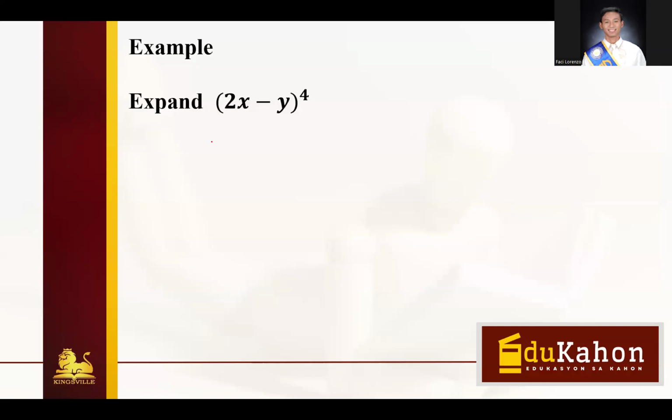So we know that this is in the form of the quantity of x plus y raised to n, and this is equal to the summation of n taken k times x raised to n minus k, y raised to k, where k is equal to 0 and your upper bound is n. Okay, so now this could be written as 2x minus y raised to 4.